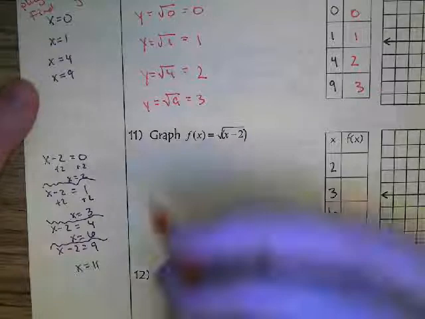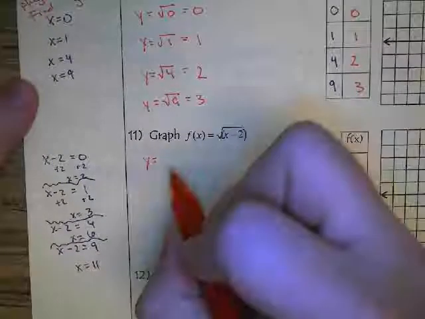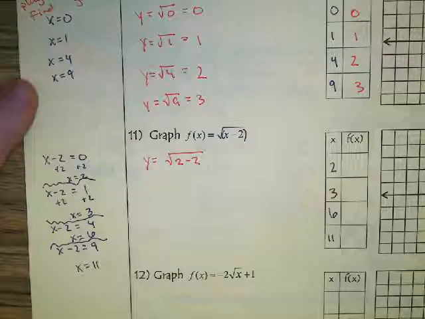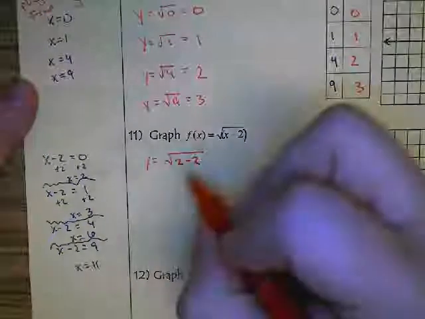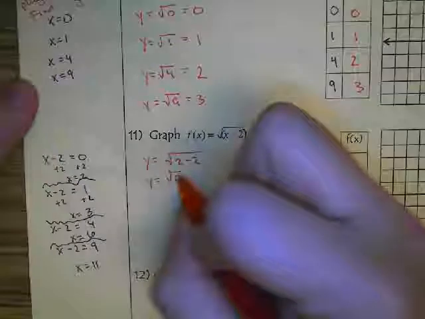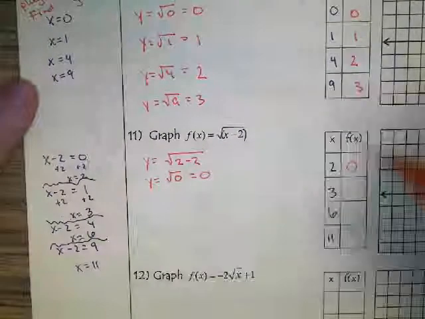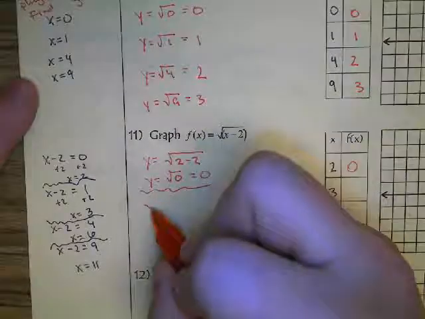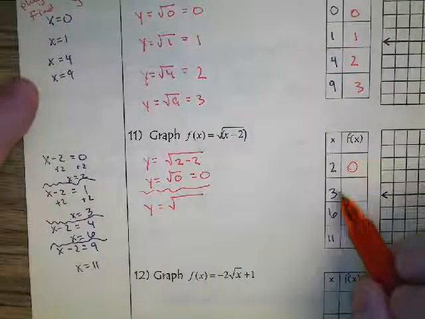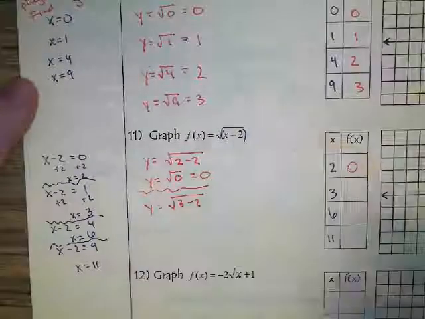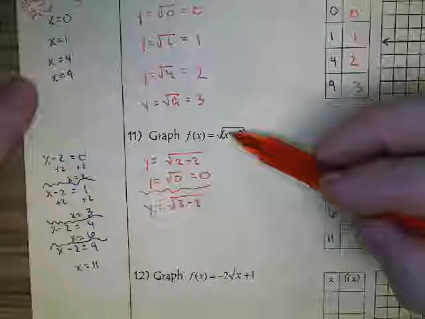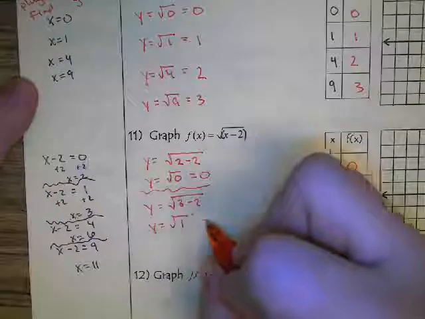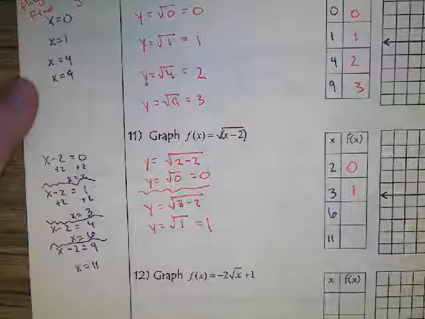So I have y is equal to the square root of 2 minus 2. So y is equal to the square root of 0, which equals 0. So I got that one. Now I'll have y is equal to the square root of 3 minus 2. Plugging in the 3 for x, y is equal to the square root of 1, which equals 1. So I have that value.